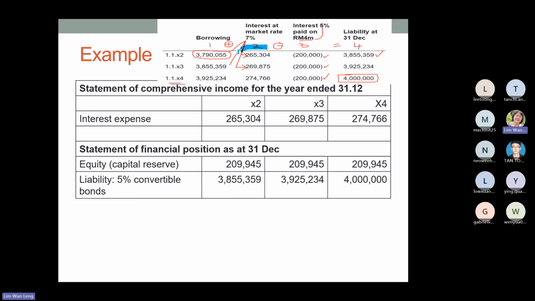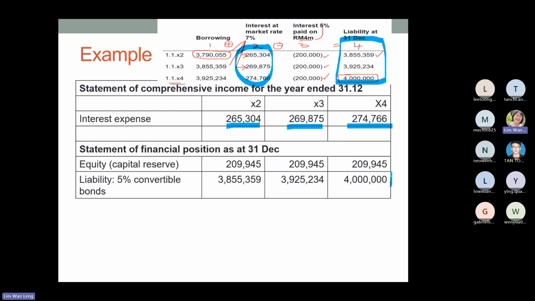So interest expense that goes to the SOPL for the respective years. And then the liability, which is the 5% convertible bond, will come from column number 4.